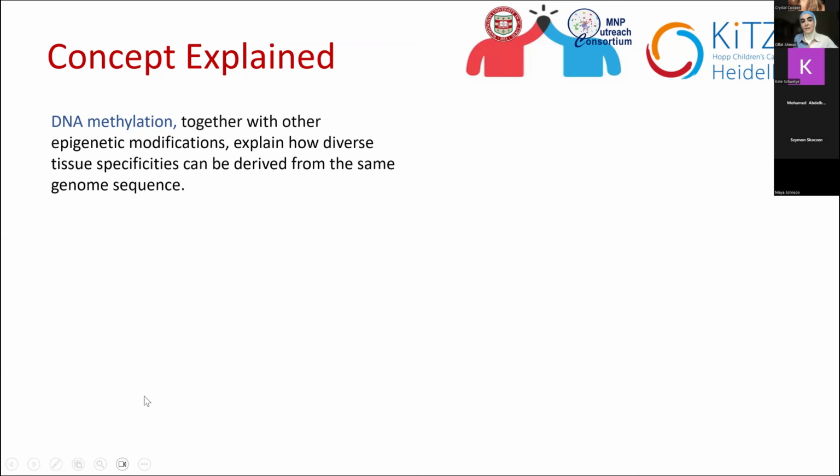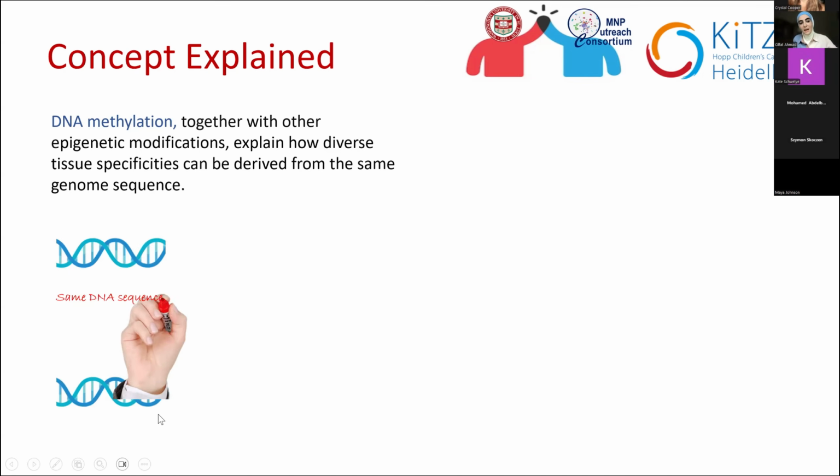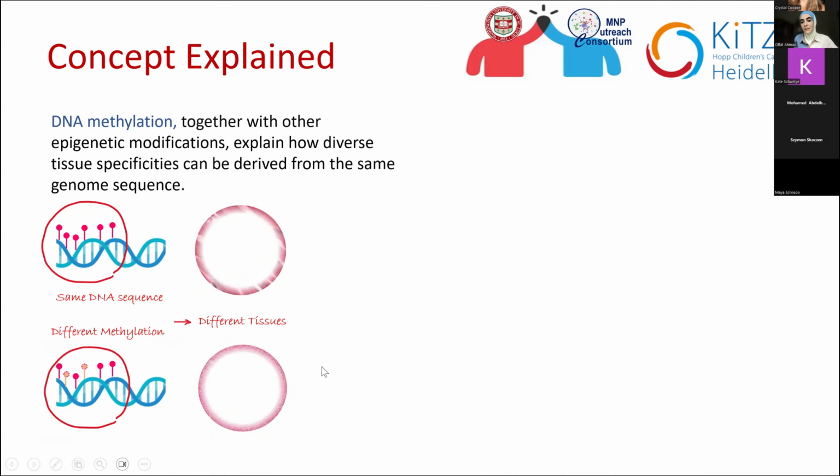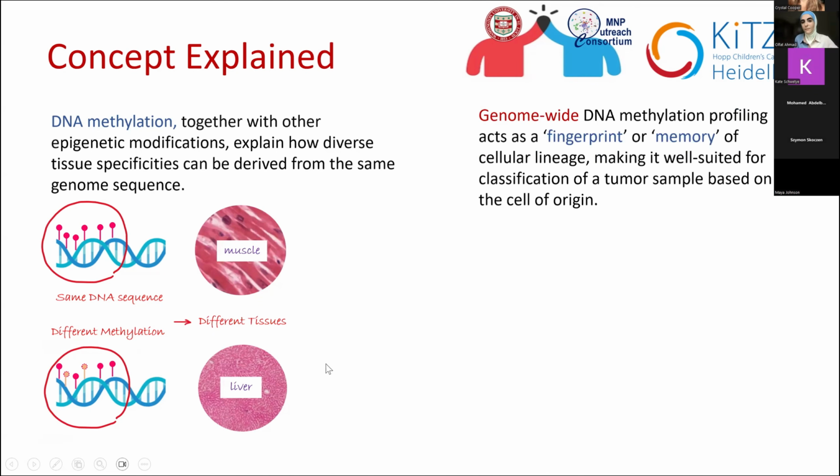And this explains actually how diverse tissue specificities can be derived from the same genome sequence. So if you look at the same DNA sequence with different methylation patterns, those differentiate into different tissues.